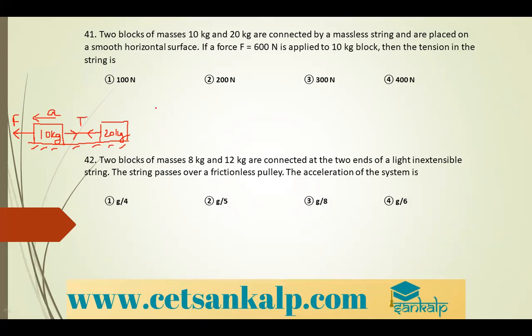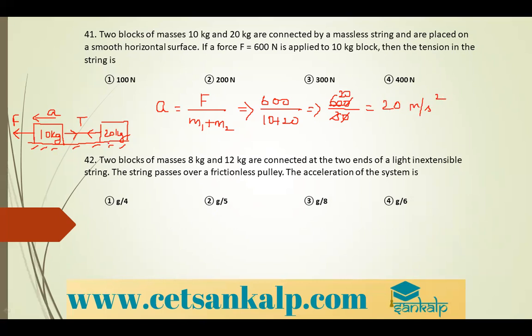Okay. So you have the formula acceleration a is equal to F divided by m1 plus m2. This is a general formula. So F is 600 divided by 10 plus 20, which is 600 divided by 30. So acceleration is 20 meter per second square.